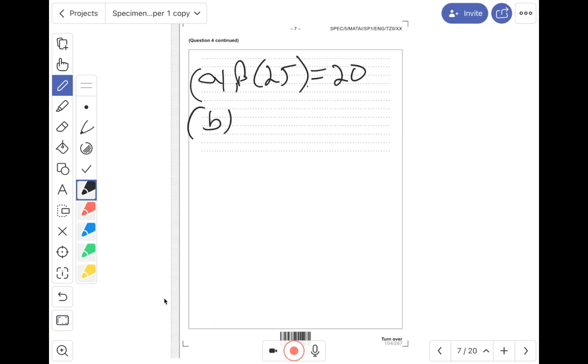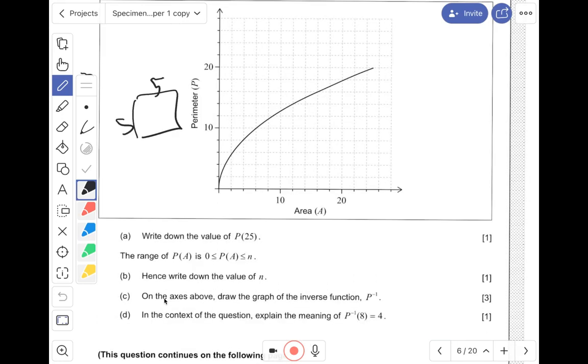All right, B. The range is from 0 to n of P of A. Hence, write down the value of n. So these are the y values. Basically, you can see that this curve goes up to 20.